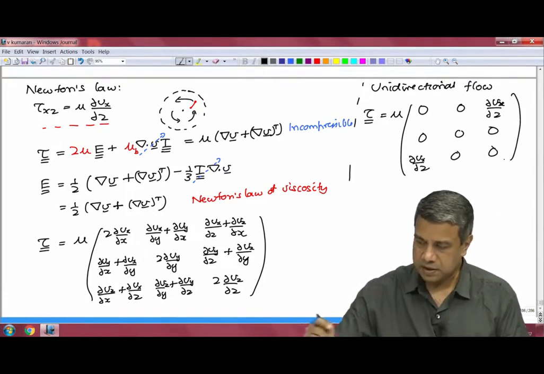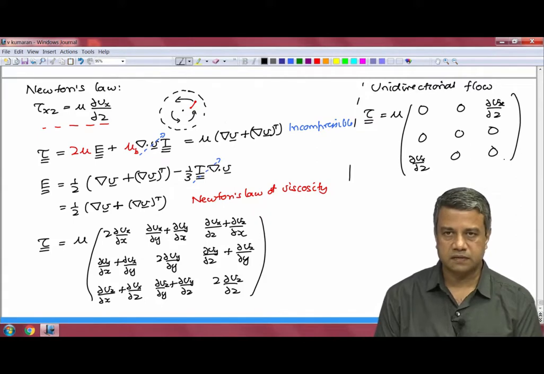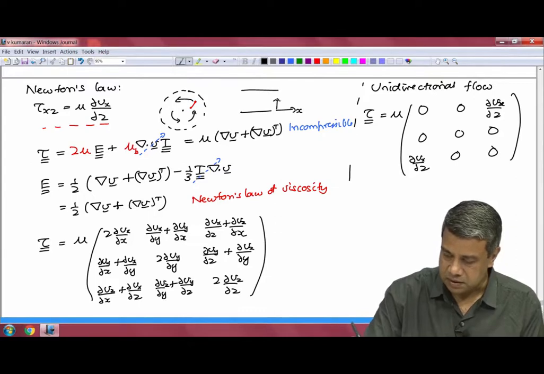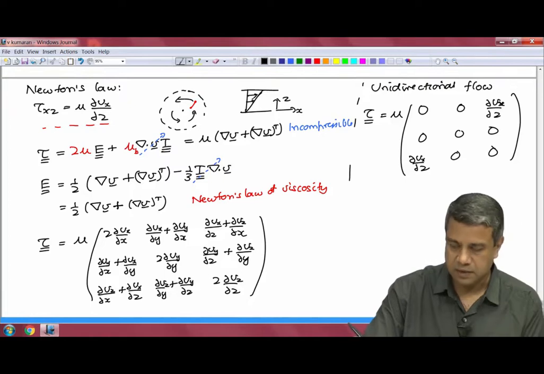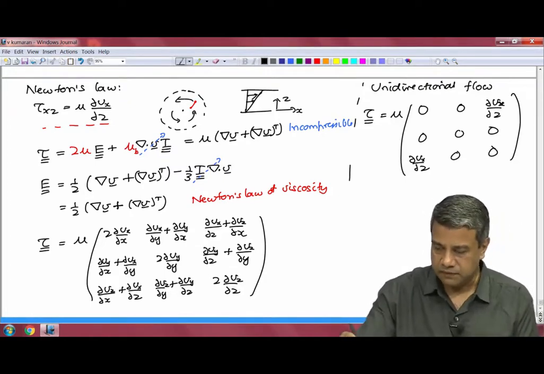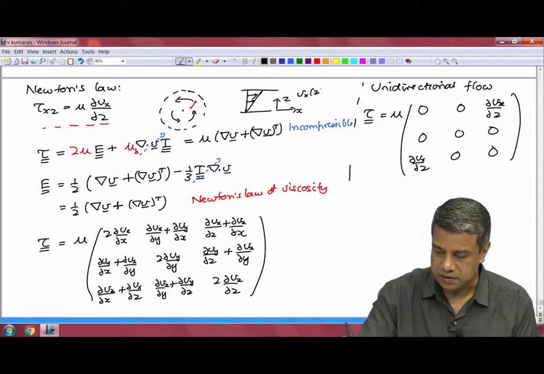Vy and Vz are 0 and Vx is only a function of z for a unidirectional flow. So let me draw the configuration for you. This is x, this is z, and you have some velocity profile for a unidirectional transport, where Vx is only a function of z.